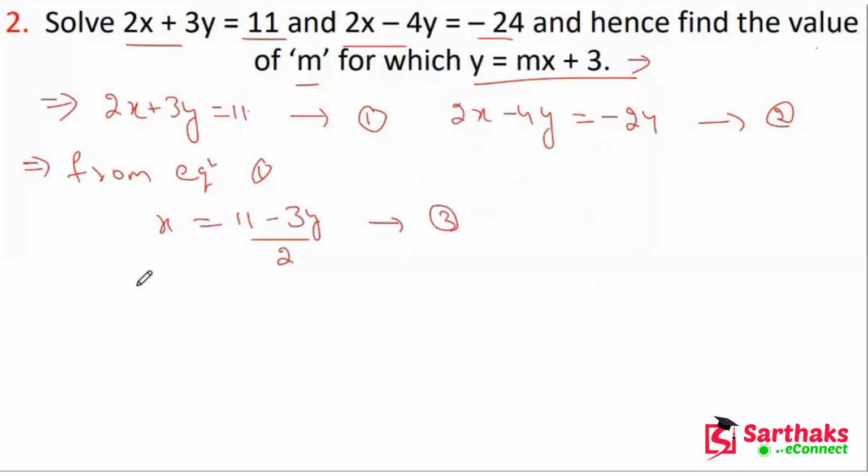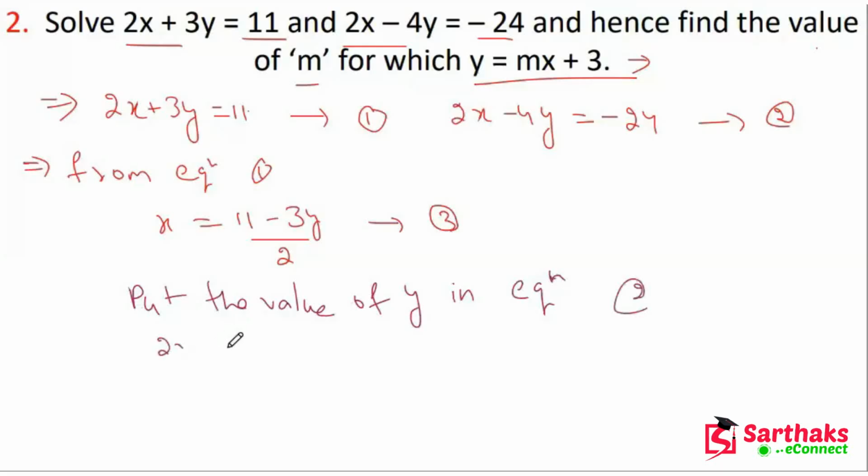Now put the value of x in equation second. Then we get 2x minus 4y is equal to minus 24.